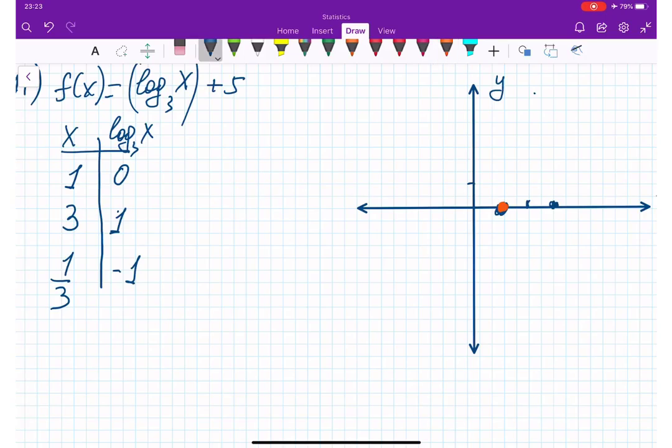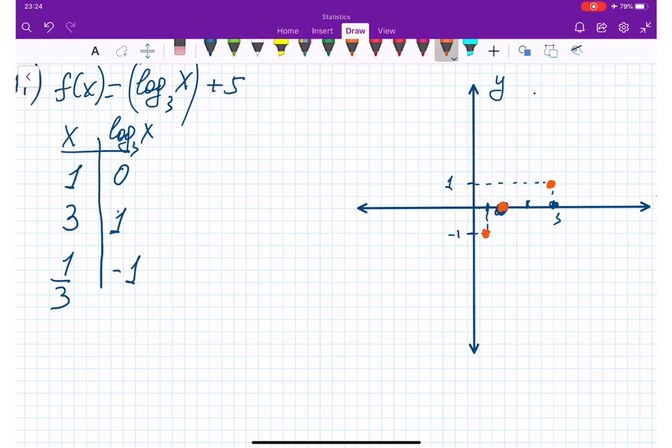The other point is, this is 1, this is 3, so it's going to come right here. And the other one is, lastly, 1/3. If this is 1, then 1/3 is a third of it, somewhere here, and -1. And this will be the last point.